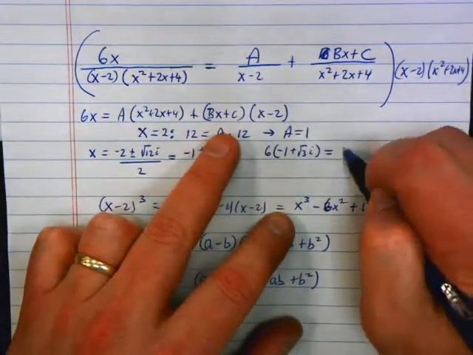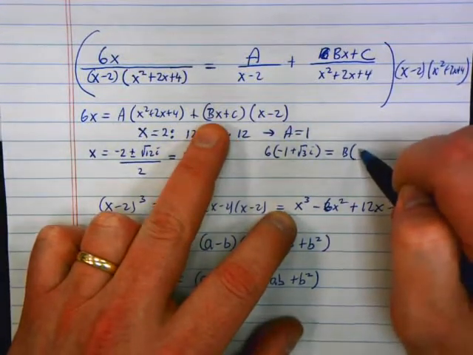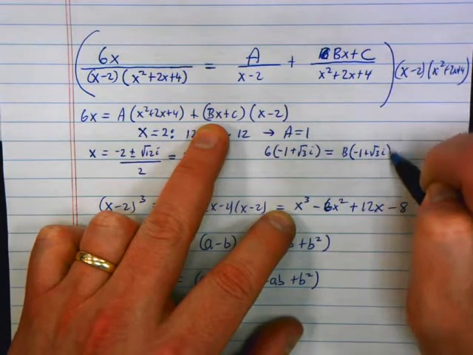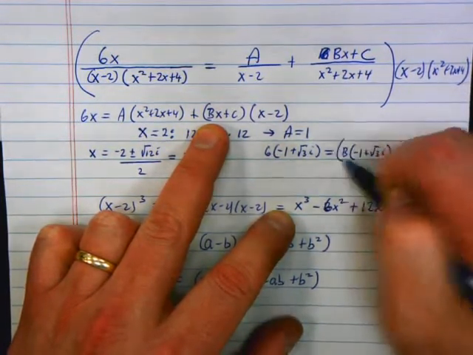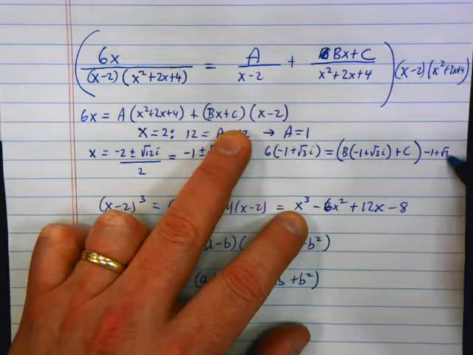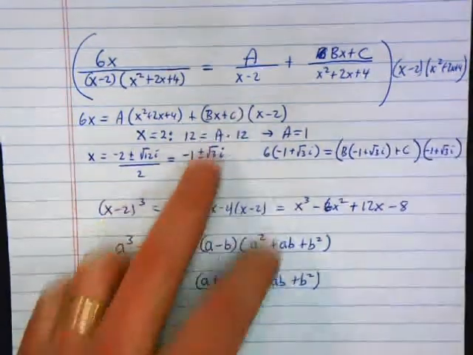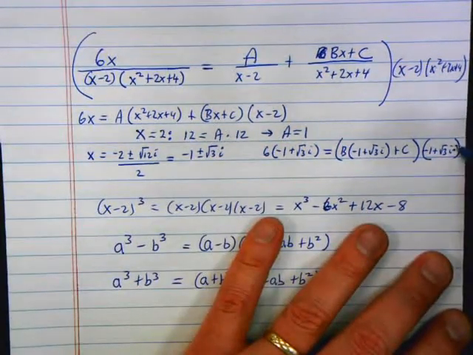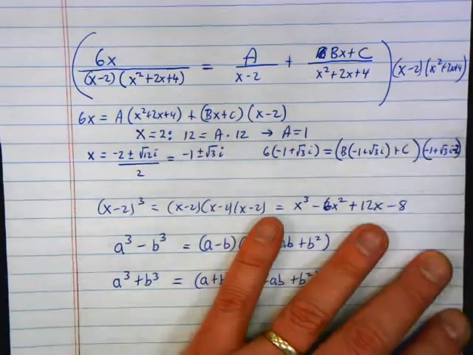We're going to have b times negative 1 plus square root of 3i plus c, and then all that is multiplied by negative 1 plus square root of 3i minus 2. Oh, rats, minus 2 on the last part.